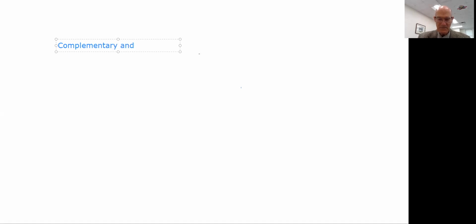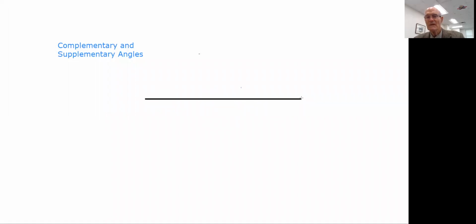Now, when you look at complementary and supplementary angles here, so let's draw ourselves a picture. We will draw this line across here. I'm going to draw a second line here, which is perpendicular.